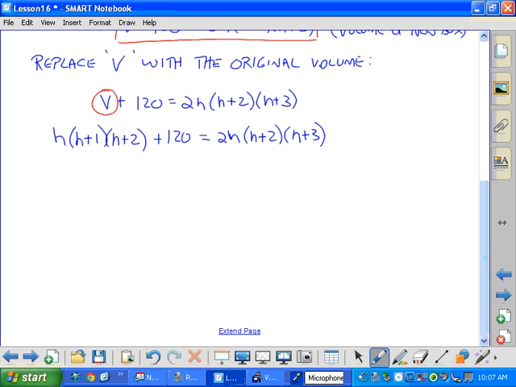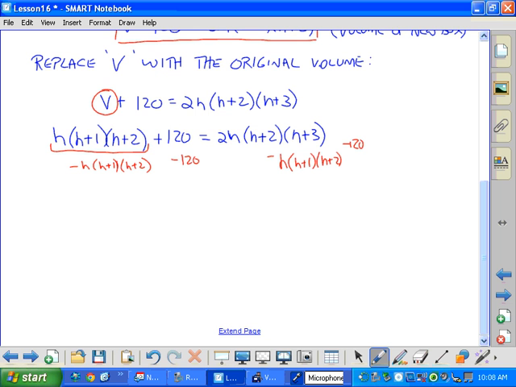To solve an equation, it's got to be equal to 0. So I'm going to move everything to the left side. This is really one term, so I'm going to subtract (h + 1)(h + 2) from this side, and I'll subtract it from this side too. I'm going to subtract 120 from both sides.